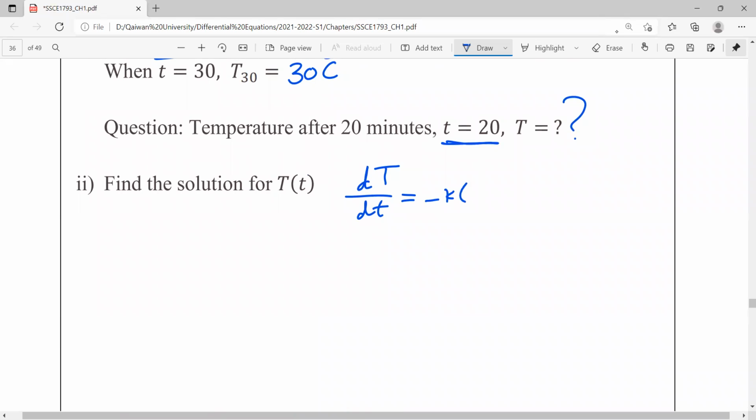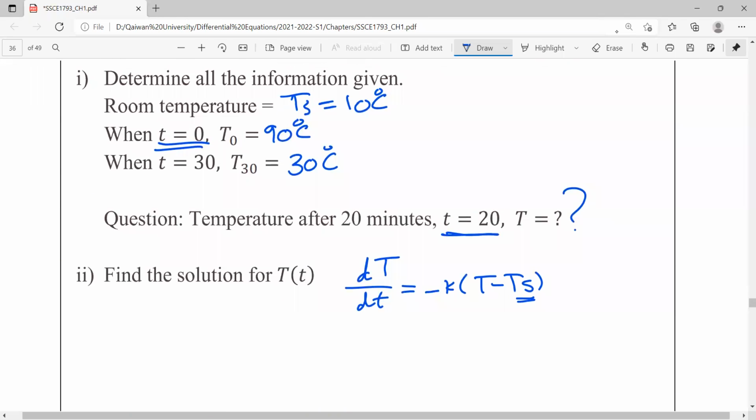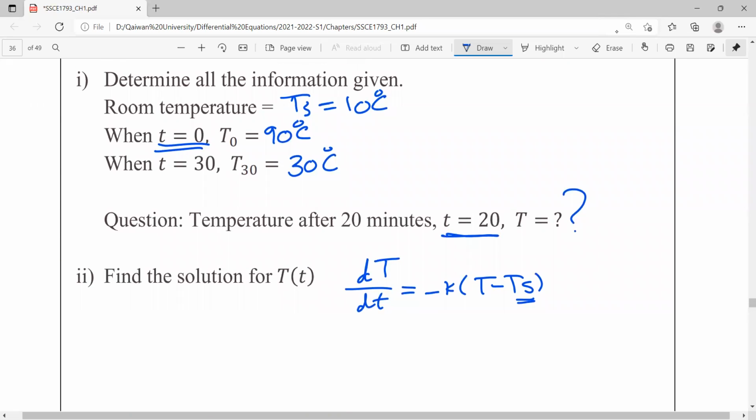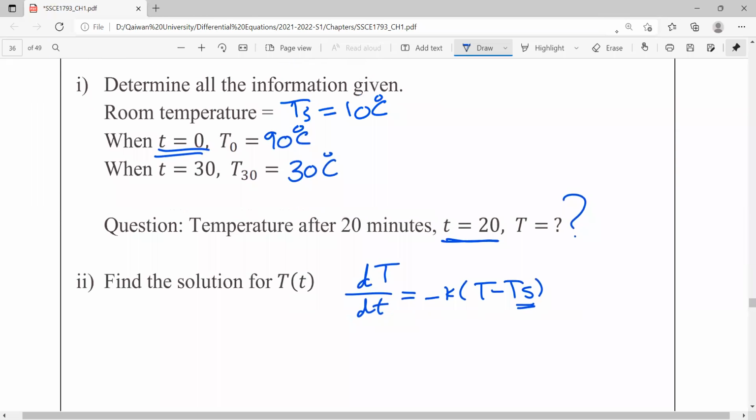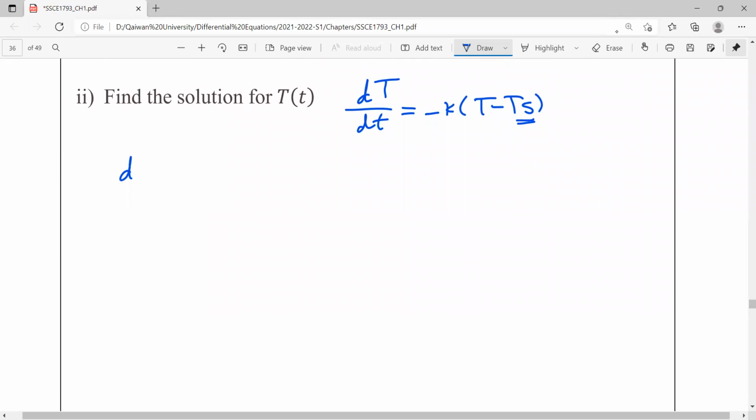Here we just replace Ts by its value, which is 10 Celsius degree. We get dT/dt equals minus k (T minus 10). That's all. And now we are trying to solve this differential equation.